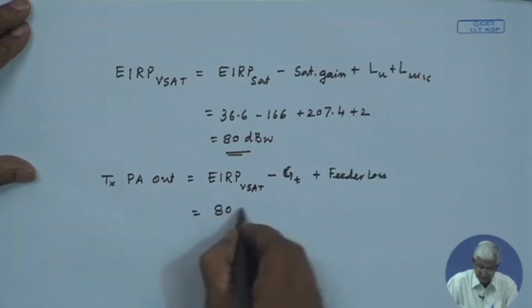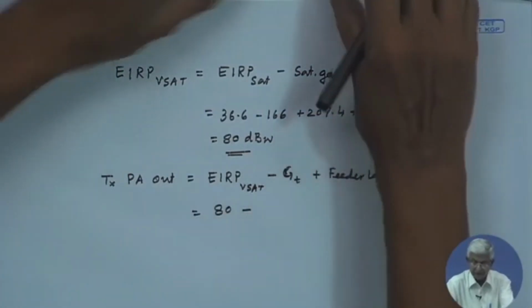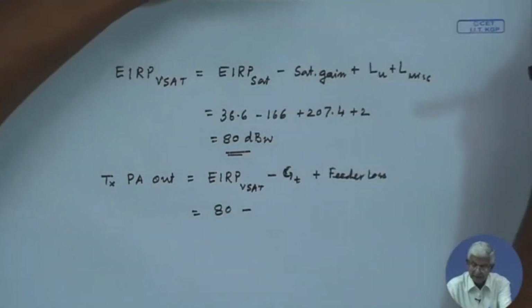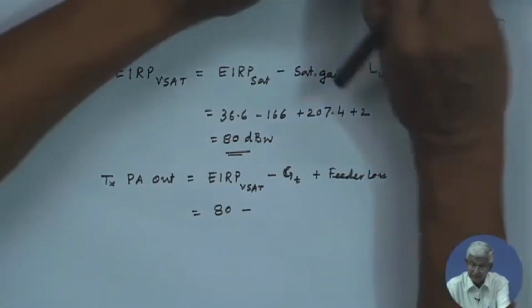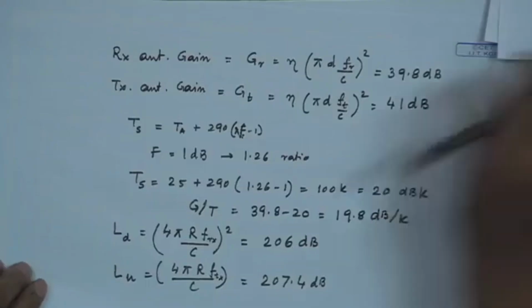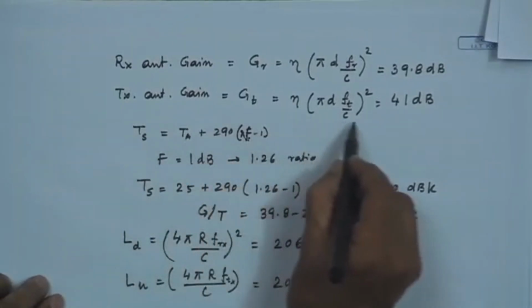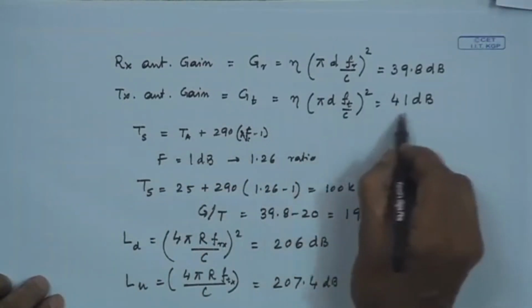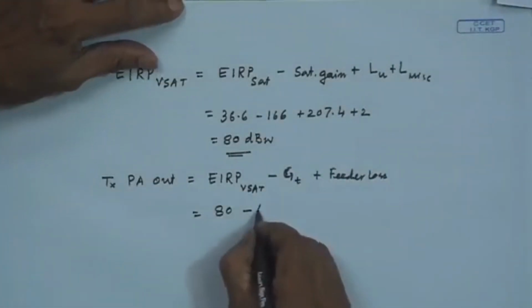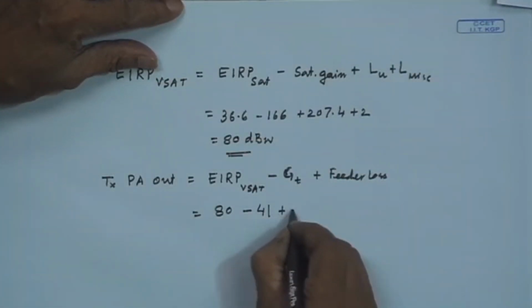This is 80, and if I recollect the antenna gain, which was calculated as 41 dB, transmit antenna gain, it was calculated as 41 dB. So, we put 41 here, and feeder loss was 1 dB.